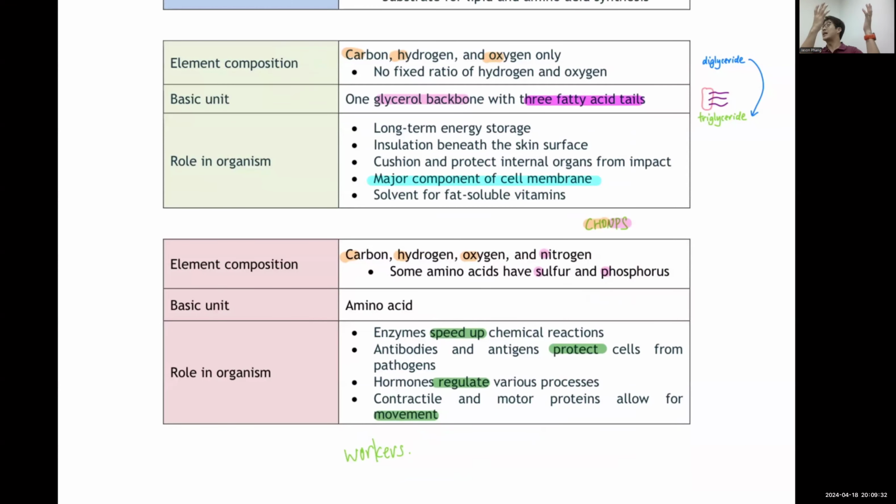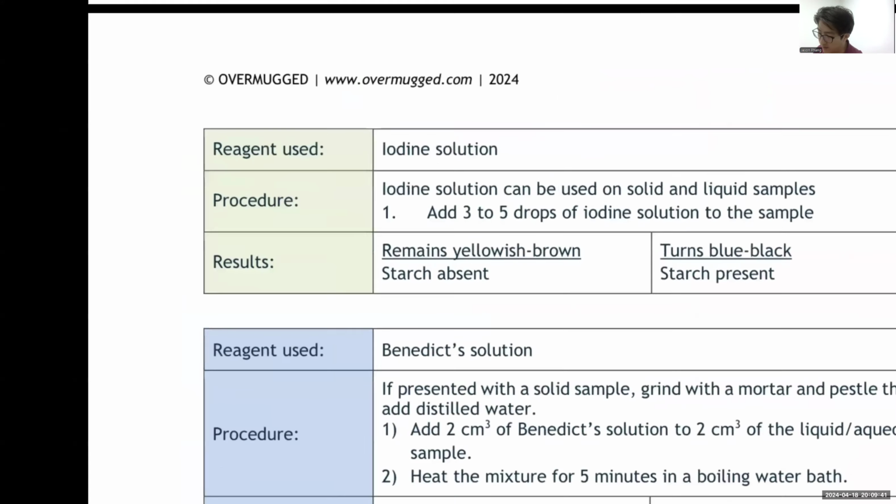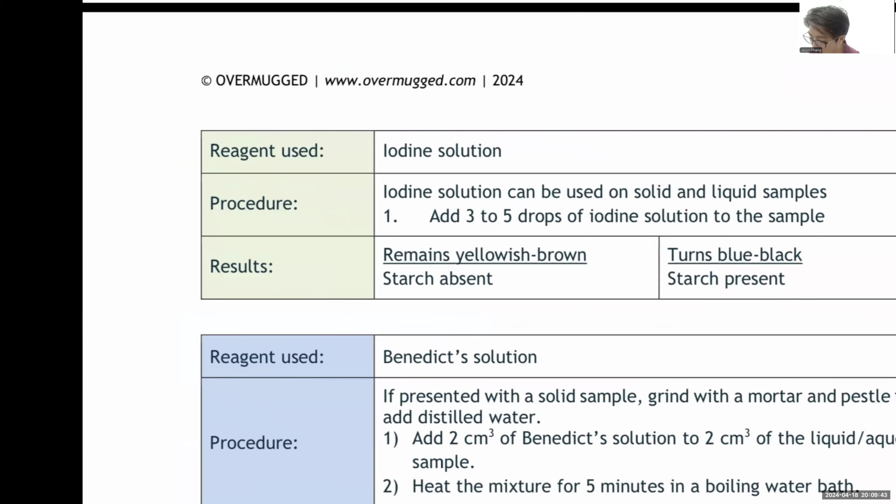So it's going to be the iodine test for starch. I did not put it down in your handout, so we're going to put it down together. The first test is called the iodine test for starch.